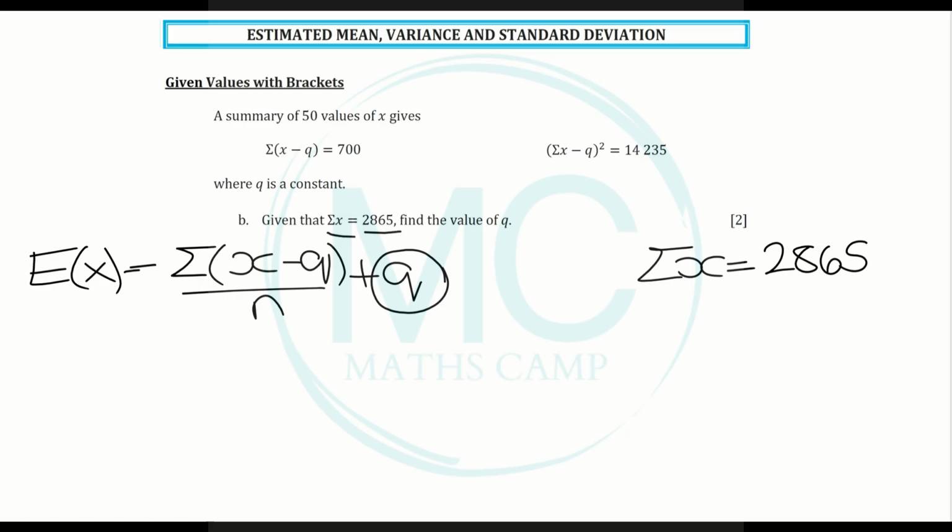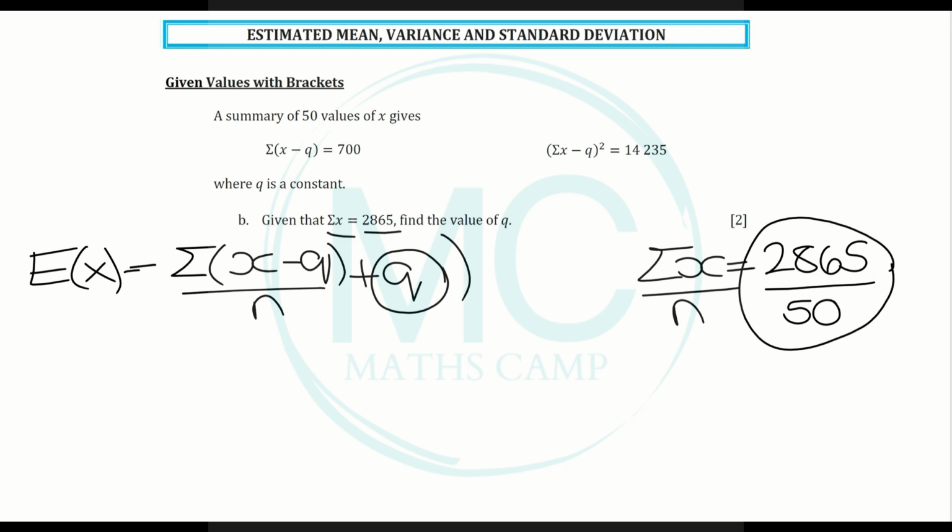However, to find the mean when we have data in this format, all we do is divide by n. We know that n is 50. So to find the mean for this value, we divide by 50. Now we have the mean and the equation for the mean again, which means that these two are now equal to each other, and we can use this to find the value of q.